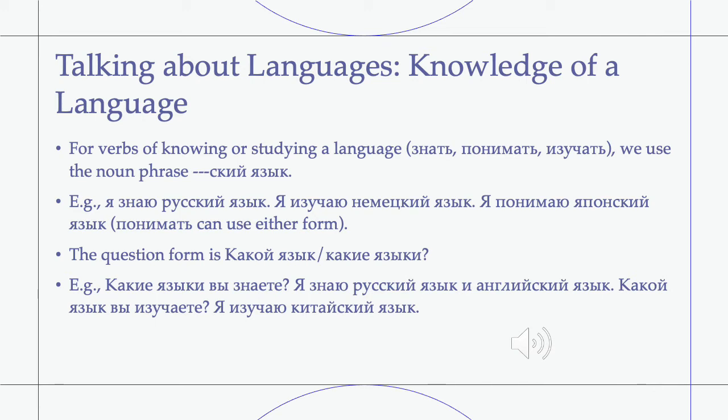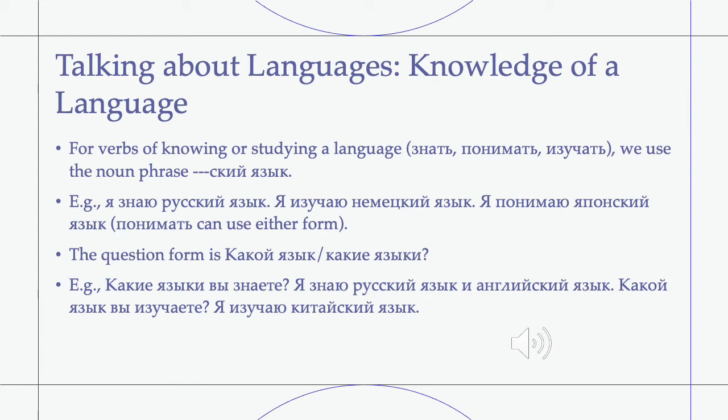For example, я знаю русский язык. I know Russian. Я изучаю немецкий язык. I am studying German. Я понимаю японский язык. I understand Japanese. Понимать can be used in either form. We can either say я понимаю японский язык or я понимаю по-японски. Either is fine.